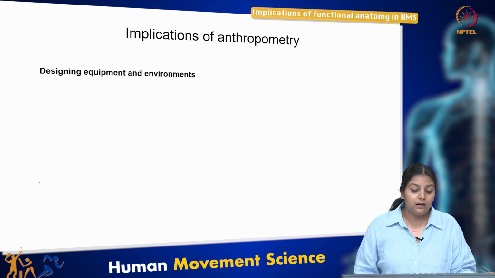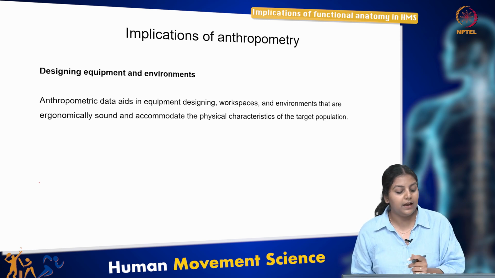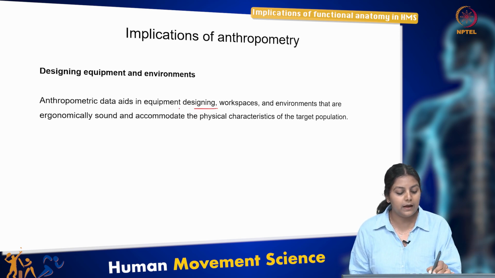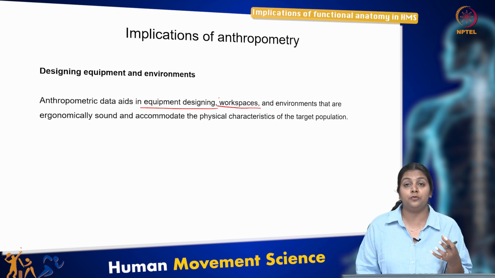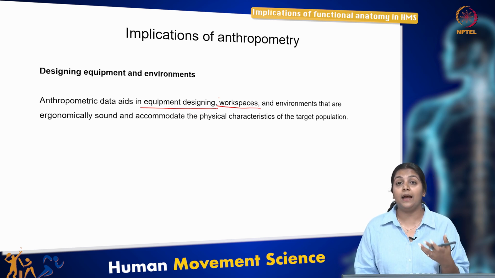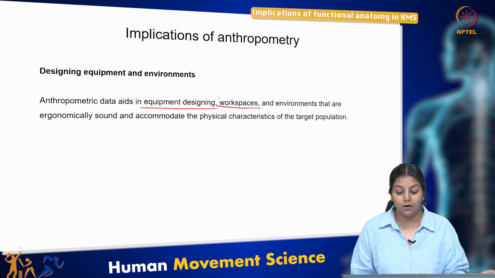Designing equipment and environments. So anthropometric data, as we looked at, also helps us in equipment designing, as we spoke about the tennis racket, and workspaces. So for example, your chairs, you must have heard of ergonomic chairs that better support your back and your spine if you're looking at prolonged activities or a prolonged day at work in the office.